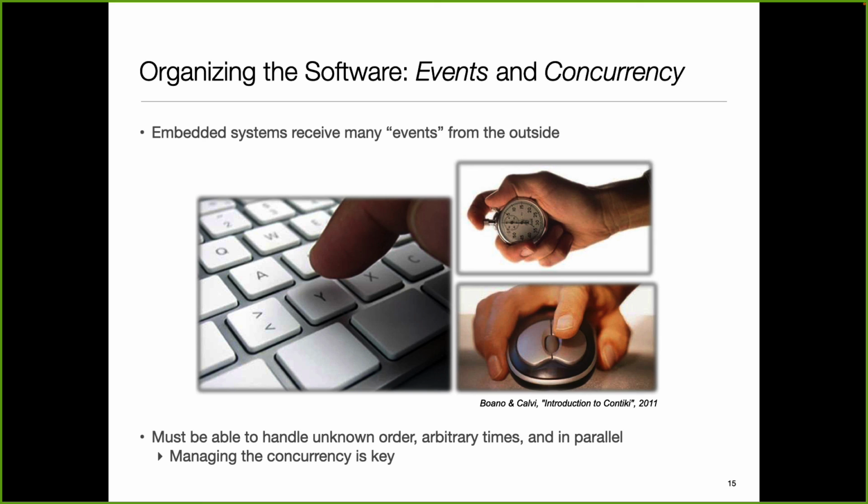A batch of sensor samples arrived, and I'm doing an FFT on them, and in the middle of it, a packet comes over the network, and I have to deal with all of these things. So foundationally, we have to worry about events arriving at arbitrary times in unknown orders and potentially in parallel, and how you have your software deal with these things.